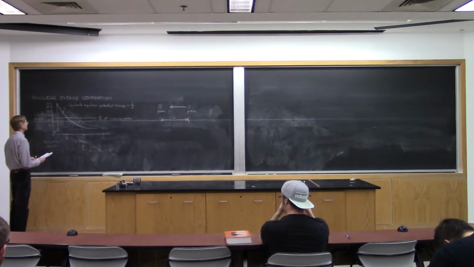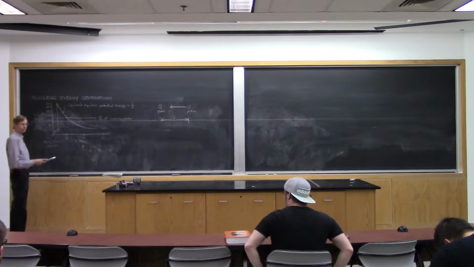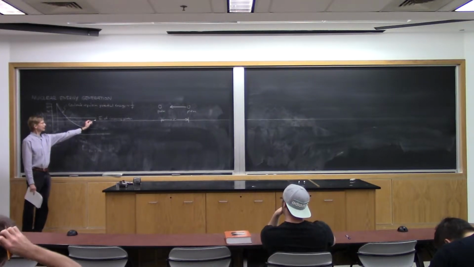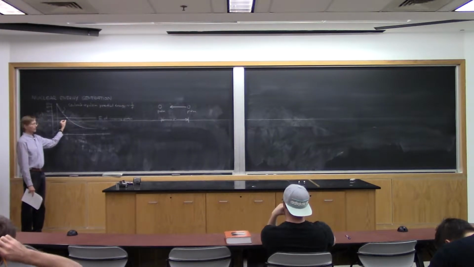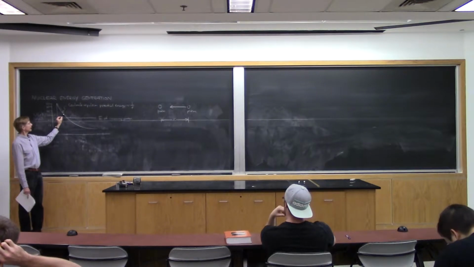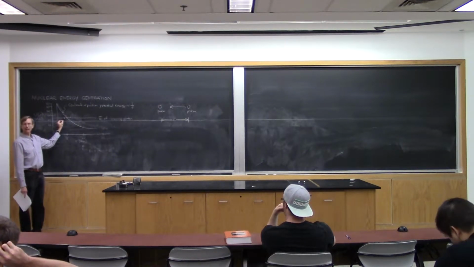So if this was a classical problem, then what we would find is our incoming proton would get to this point and turn around, because to go any further than that, you would have negative kinetic energy, right?